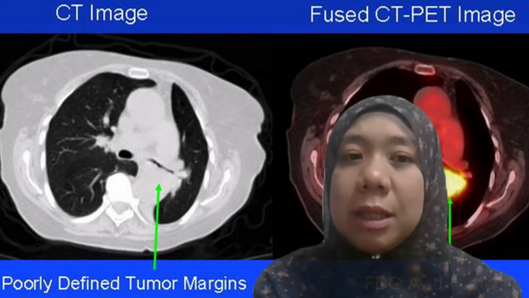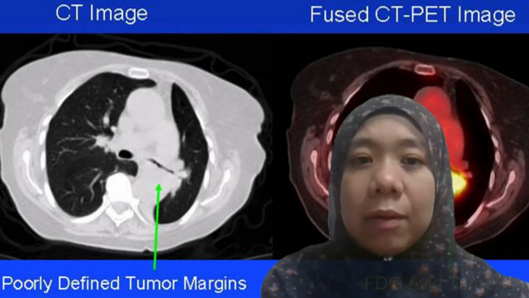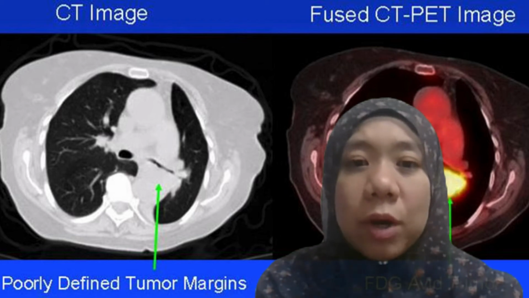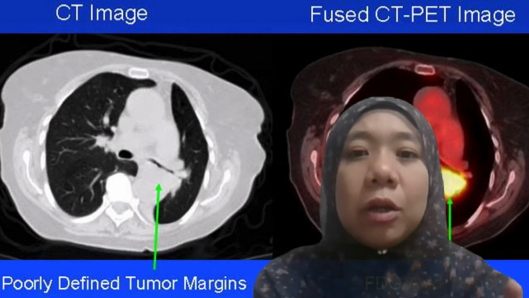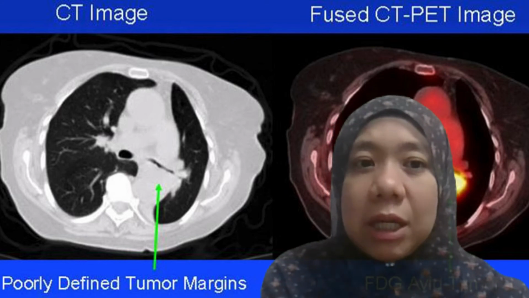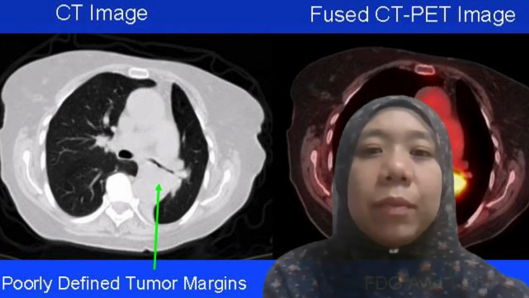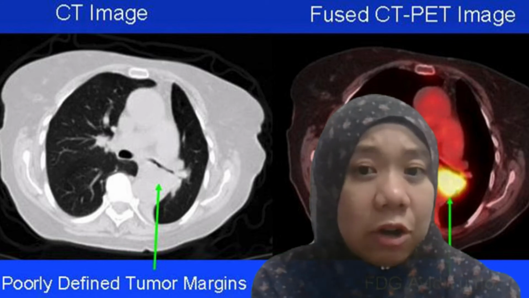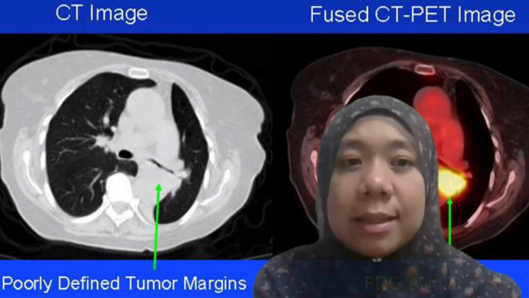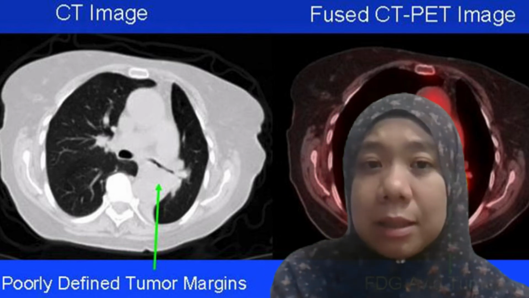So this PET-CT machine is one type of functional imaging technique which uses radioactive substances known as radiotracers, which is FDG or fluorine-18. These radiotracers are used to visualize and measure changes in metabolic processes.